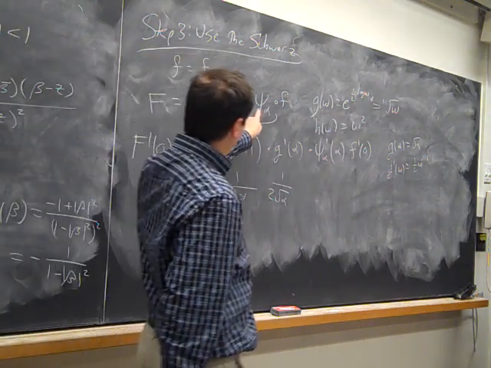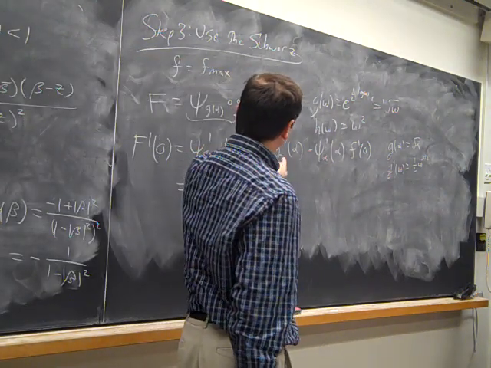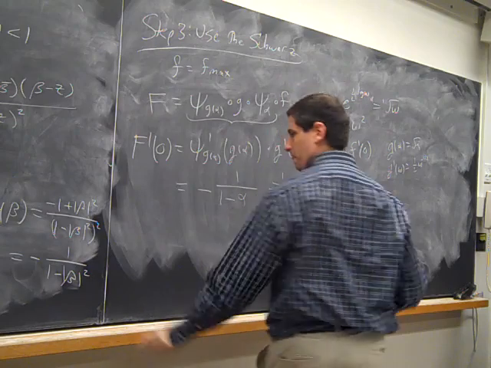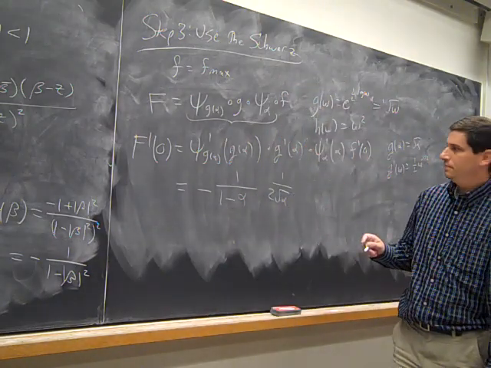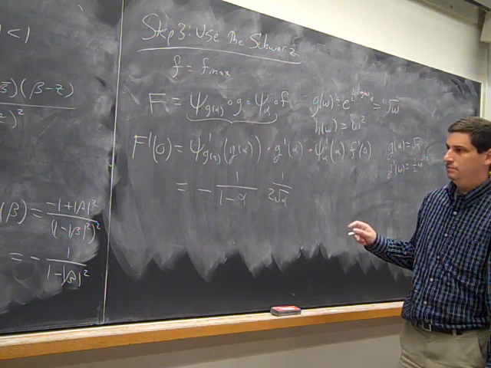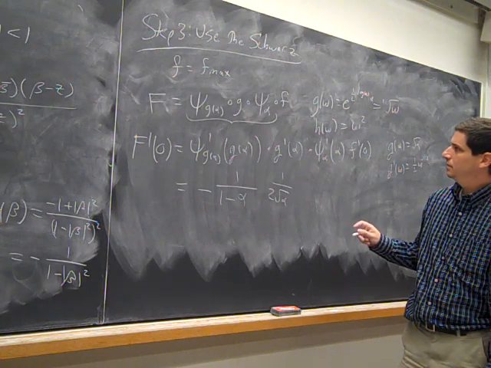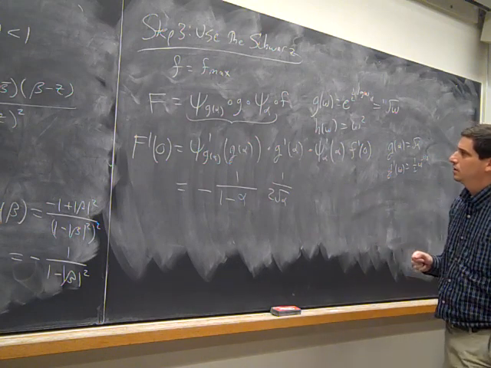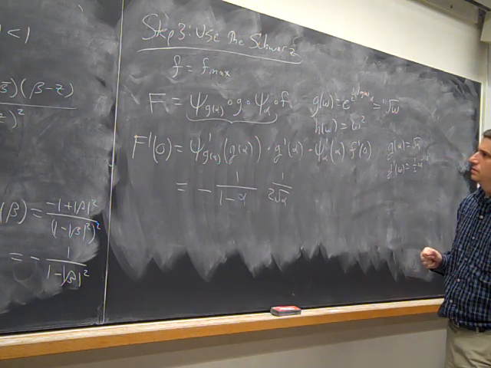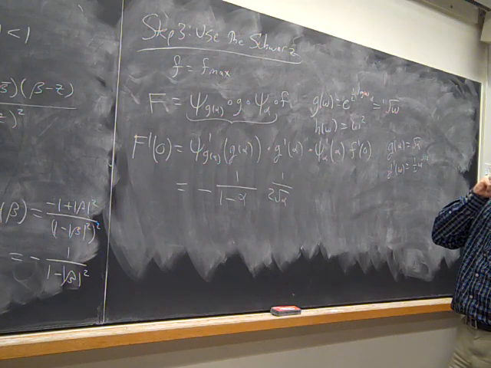Next, I have C alpha prime at alpha. F of 0 is alpha.